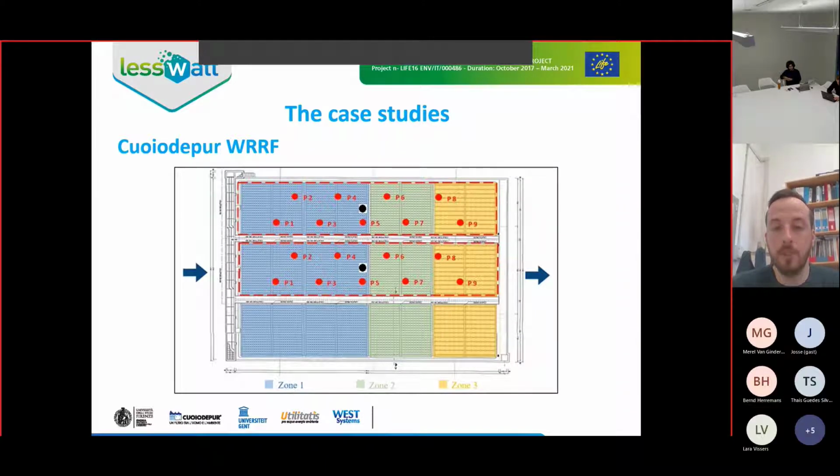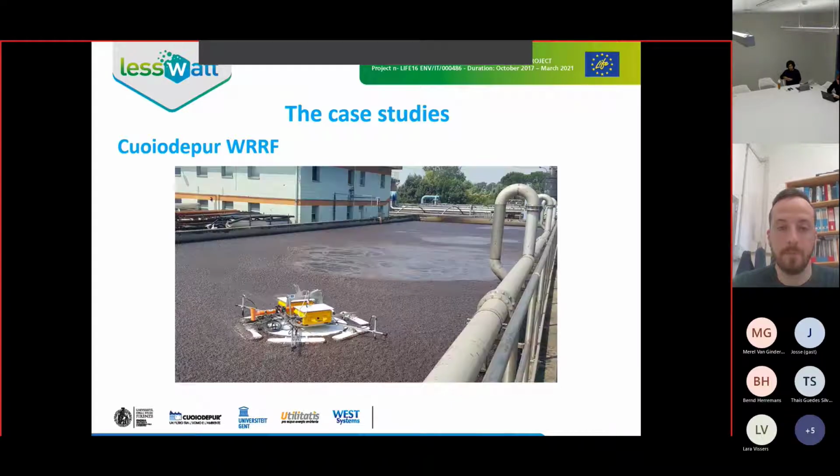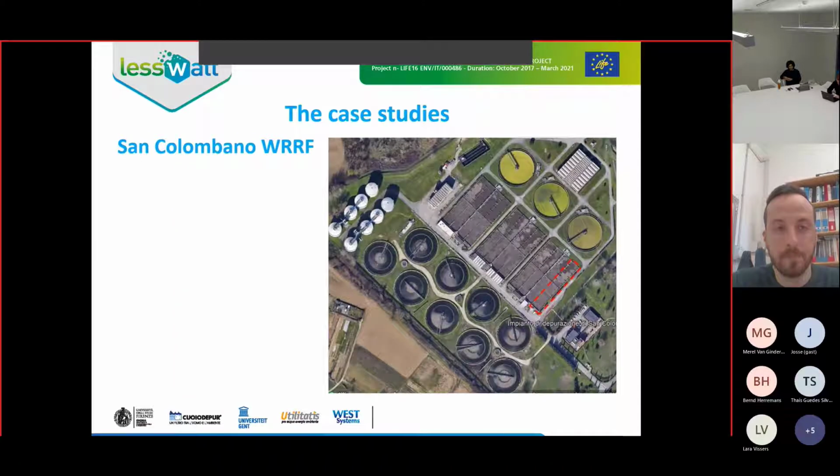These are the measurement points during both point test and stationary test in 2 aerated tanks of the plant. This is an image of the LESSDRONE during a measurement campaign.